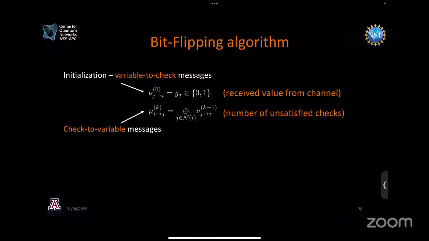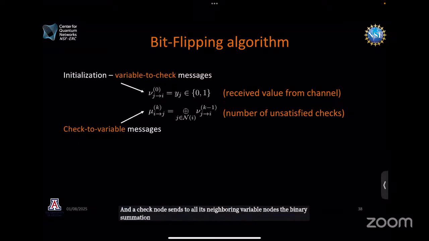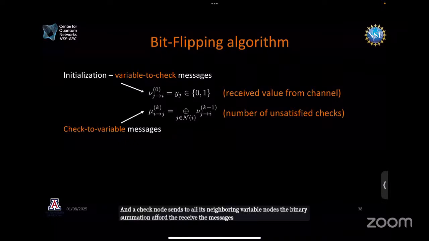With mu, we indicate the check to variable message. A check node sends to all its neighboring variable nodes the binary summation of all the received messages from the neighboring variable nodes.